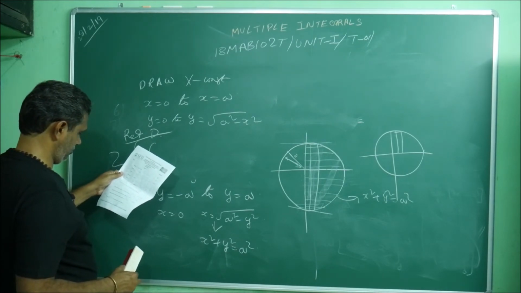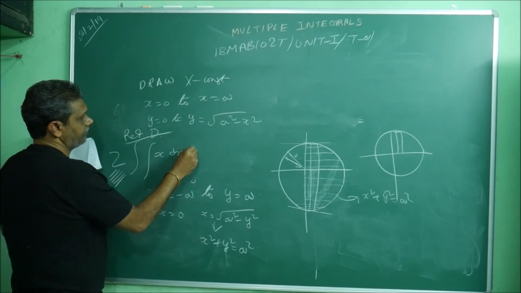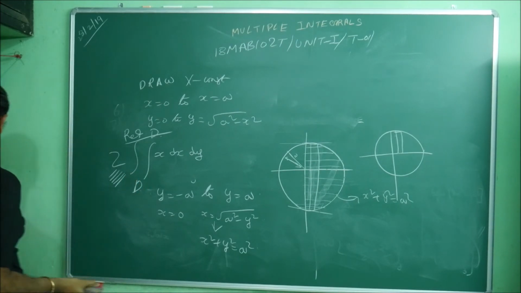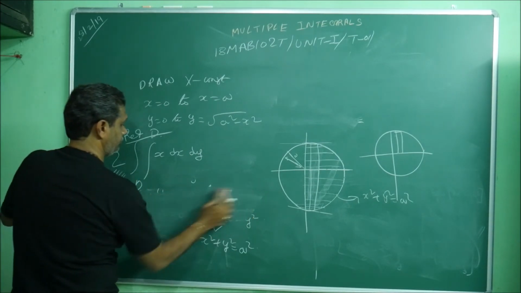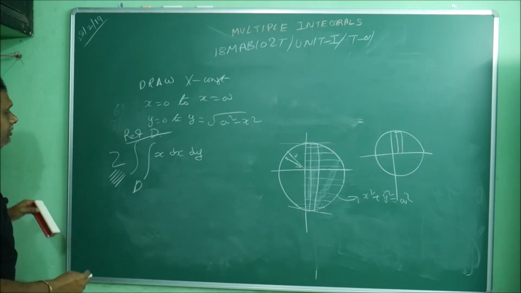2 into x dx dy given. Okay, required domain. So you can write the limits now. What are the limits?